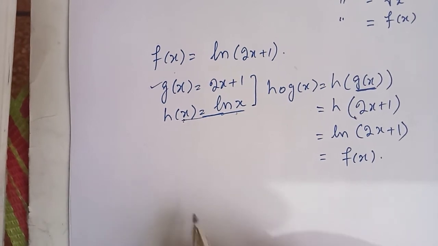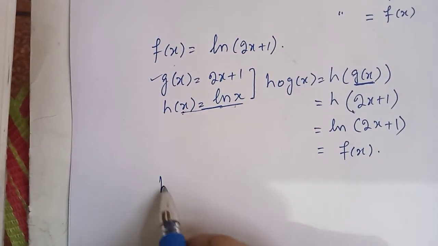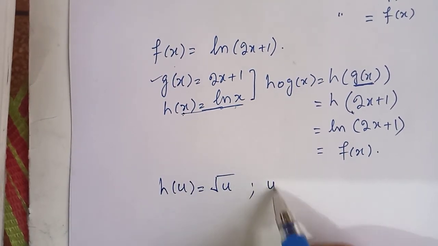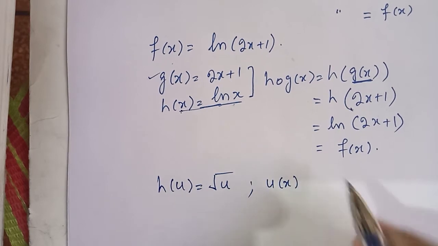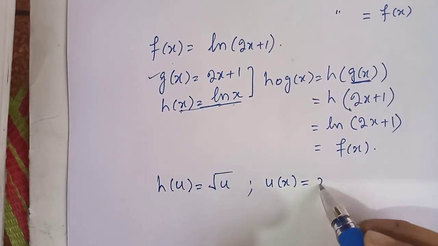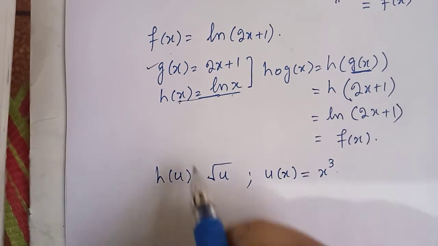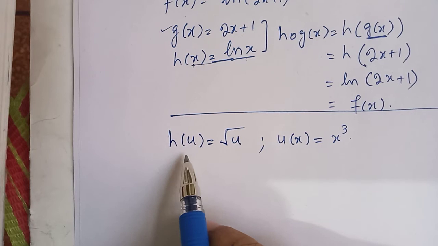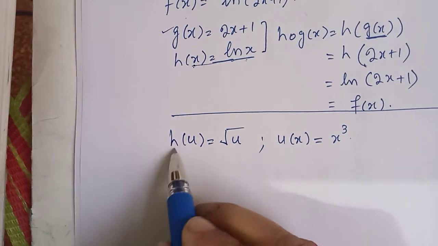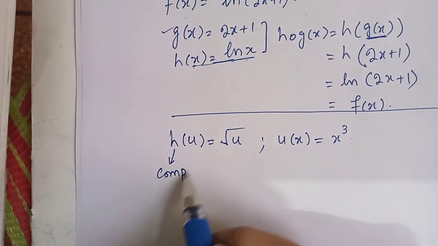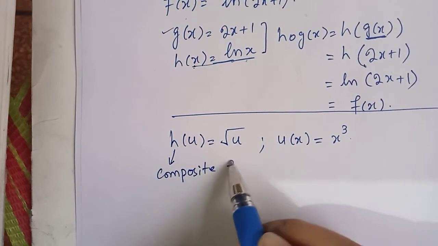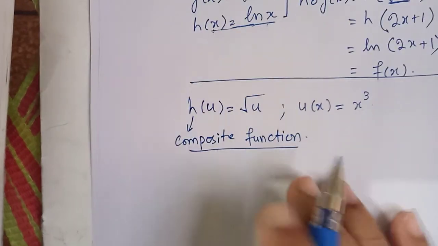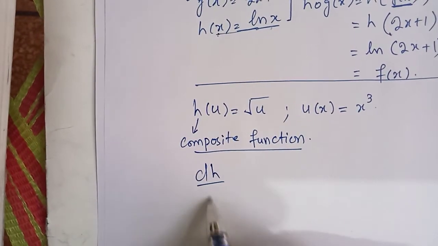Now let's say h of u is equal to square root of u, and u is also a function of x, let's say x cube. So you see that this h of u is a composite function, and now the question is you need to differentiate this function with respect to x.